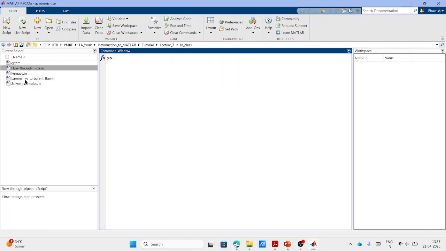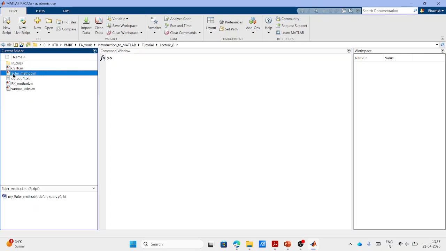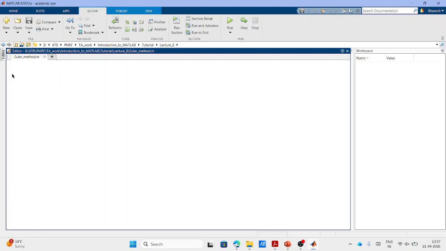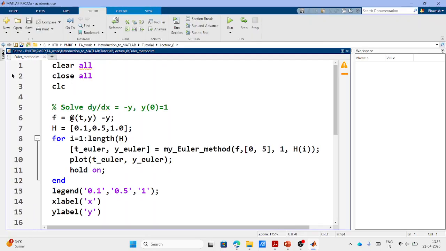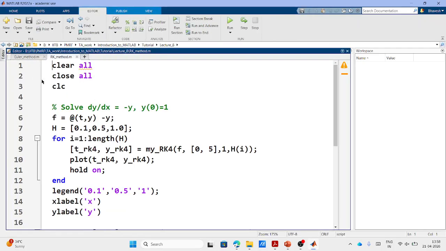I have, though, provided you with the codes for this method, the Euler's method and the RK method.